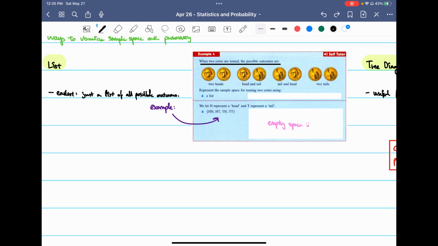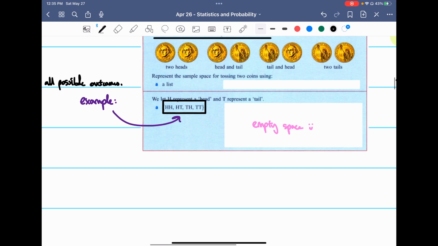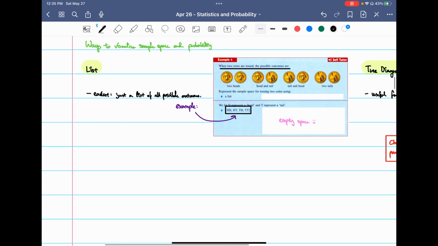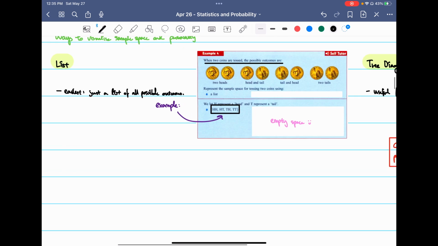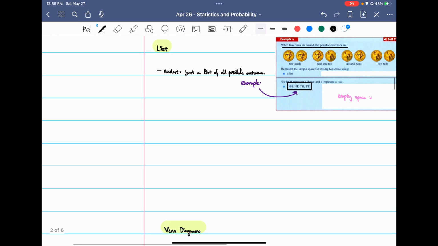If you list it out, it would be in this format: head head, head tail, tail head, and tail tail. And obviously, this method will not work for counting a bazillion coins, but it's a really easy way to solve simple probability questions.